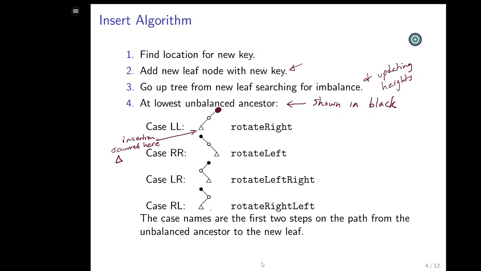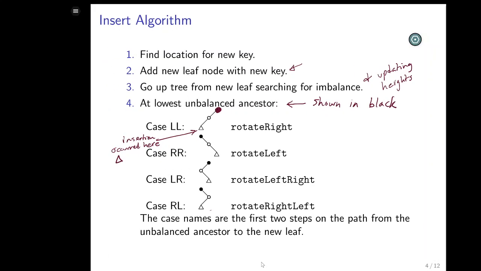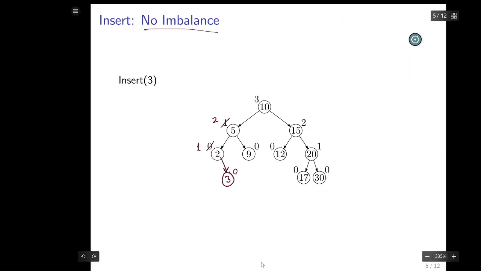That's right. Okay. Maybe I'll write that here. Insertion occurred in this subtree. It all depends on the first 2 edges coming down from the node that's out of balance.